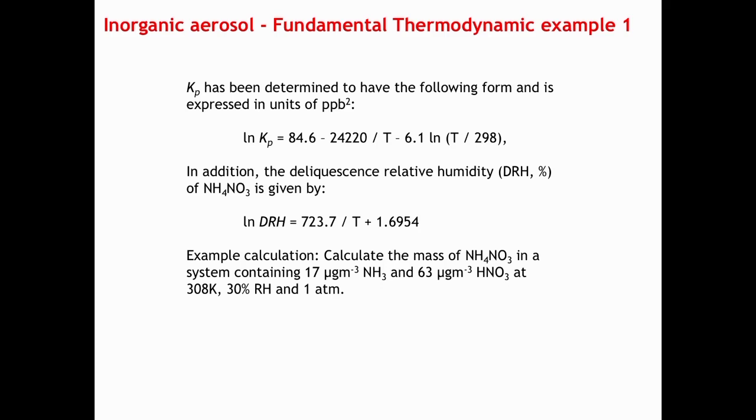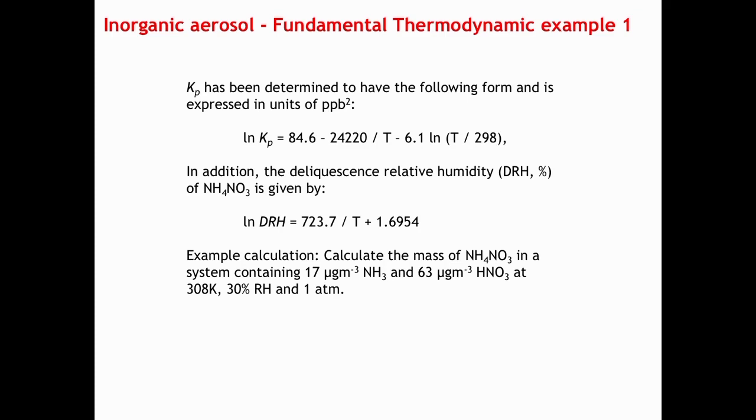Times 308 divided by 273. 0.02 cubic metres. Yep. And there's 1 micromole per cubic metre.